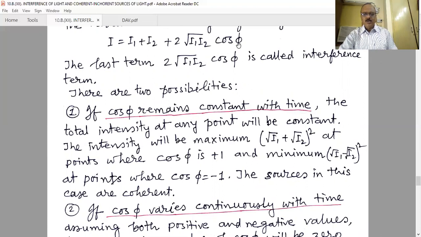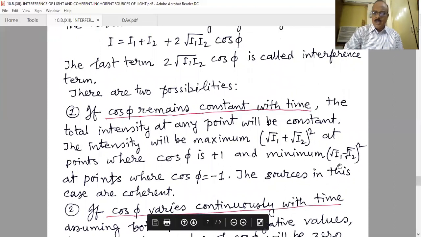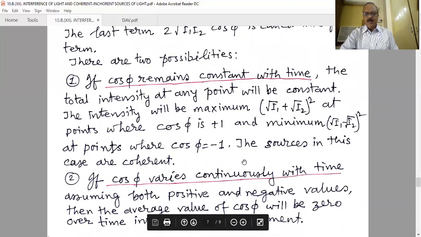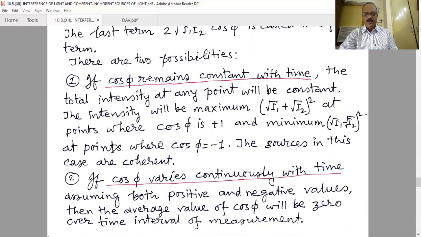If we put here cos of phi as minus 1, then the equation will be I is equal to I1 plus I2 minus 2 root over I1 I2, and that gives the result root over I1 minus root over I2 whole square at points where cos of phi is minus 1. The sources in this case are coherent sources because there will be no change, it is constant. For a particular point where we get maximum, we always get maximum. And for particular places where we get minimum, we always get minimum.